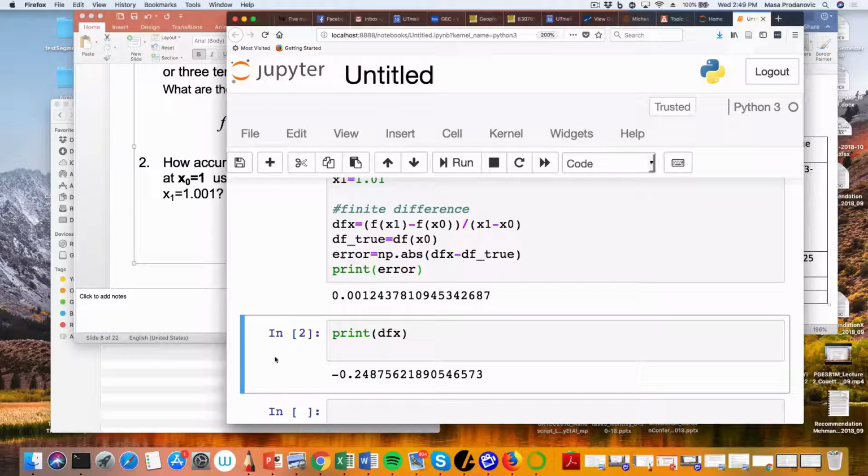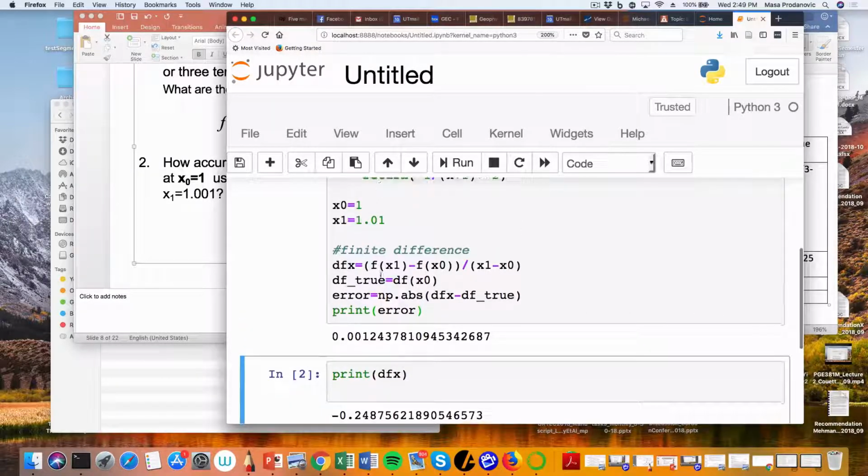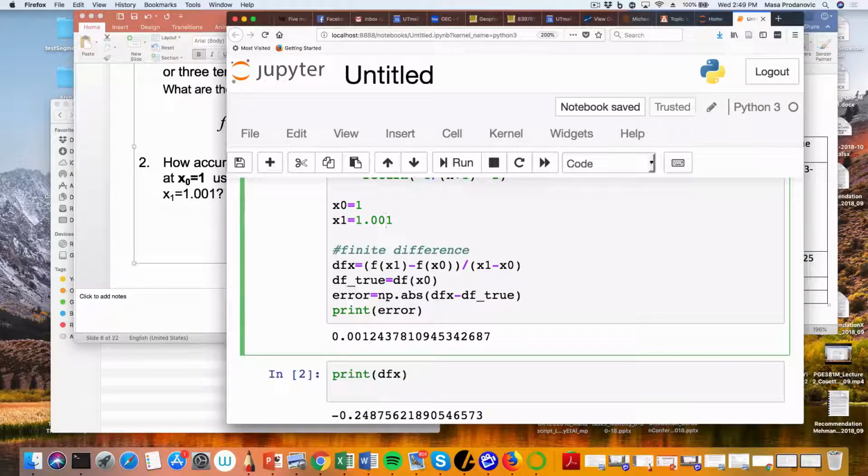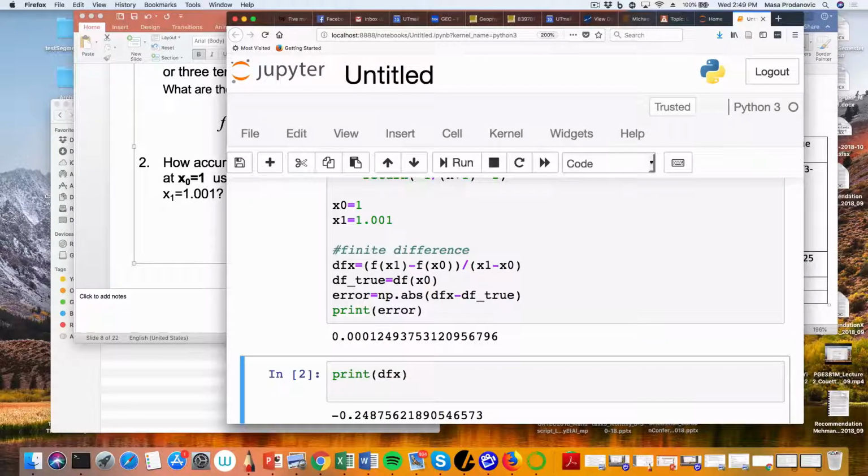This is the beauty of computing. If I did this by hand, I would have to recalculate. Here, I just throw in another 0. So let's see how it changes. Here it's 0.0012, compared to 10 times less. Yes, as I get closer. So typically my errors get better when points are closer together.